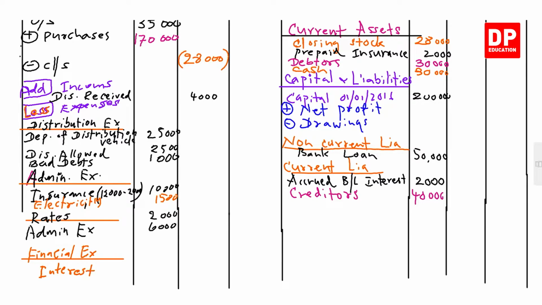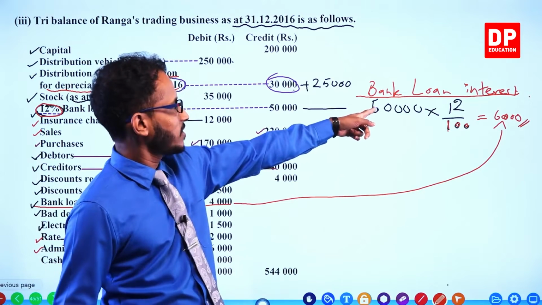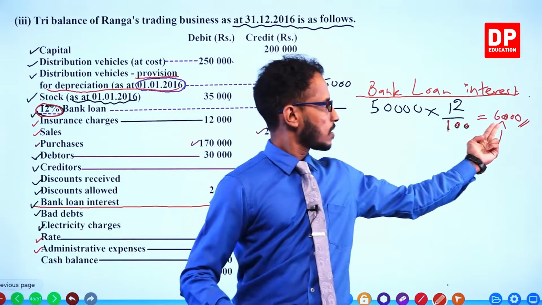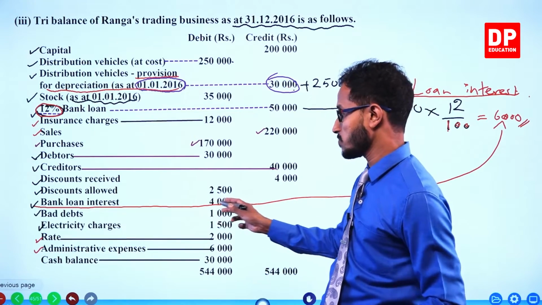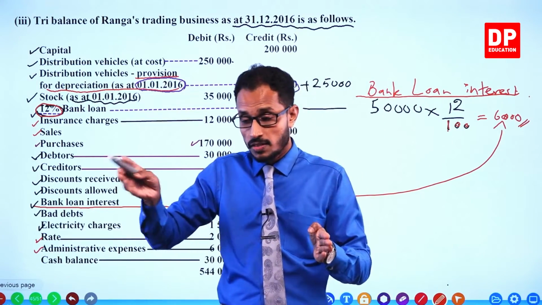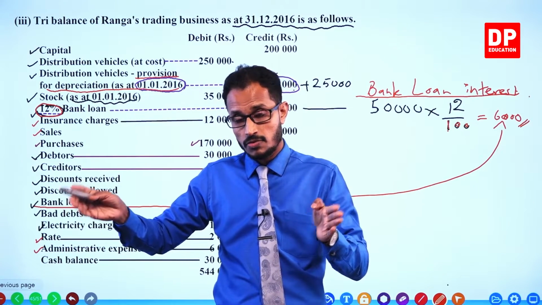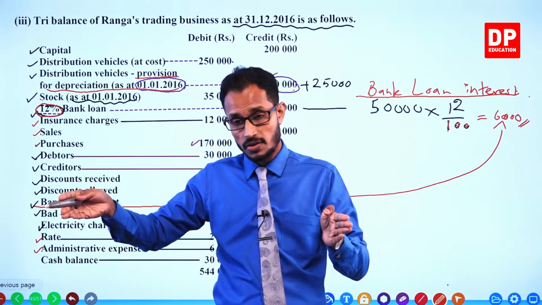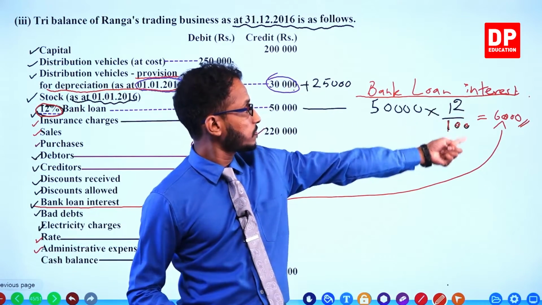And interest was 6,000. Can't you remember? We did a calculation. Bank loan interest 6,000. We didn't take 4,000 because we should take the total amount relevant for the year, for the period. That is not 4,000, that is 6,000.